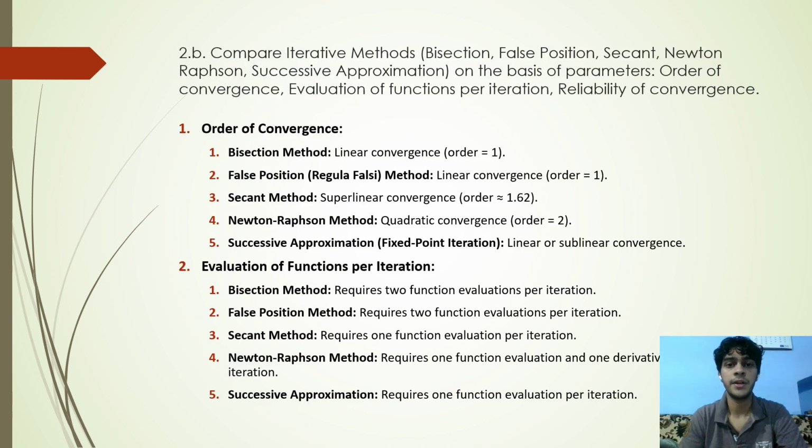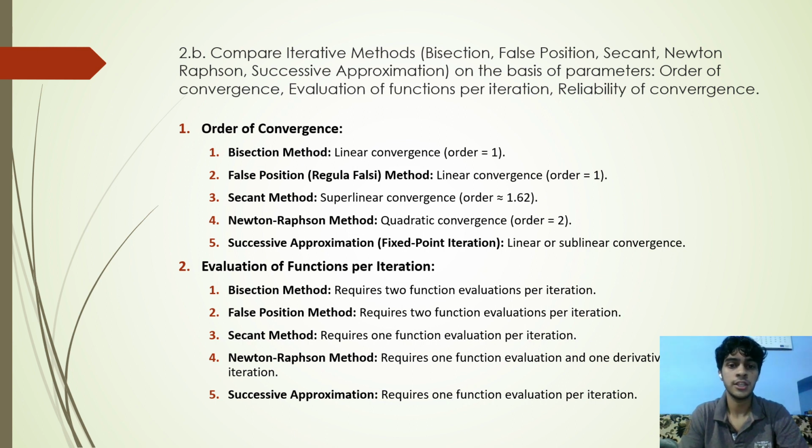Second B: compare iterative methods on the basis of the parameters: order of convergence, evaluation of functions per iteration, and reliability of convergence. Here are some iterative methods. Firstly, order of convergence: bisection method, linear convergence, order equals 1; false position or regula falsi method, linear convergence; secant method, superlinear convergence where the order is 1.62; Newton-Raphson method, quadratic convergence, order equals 2; successive approximation, linear or sublinear convergence.